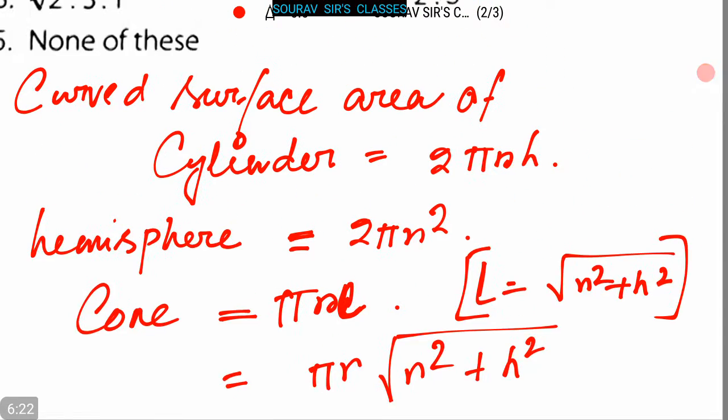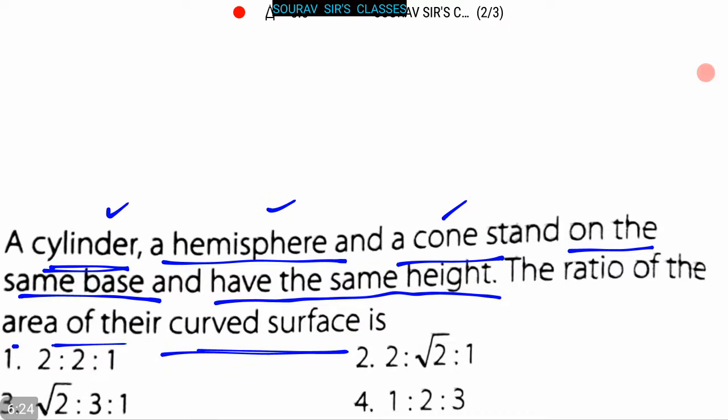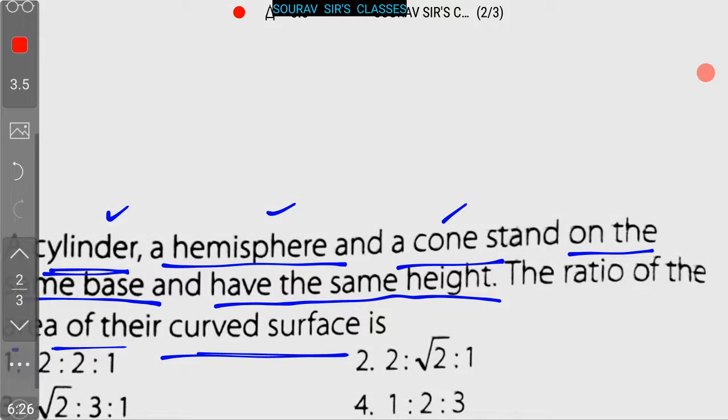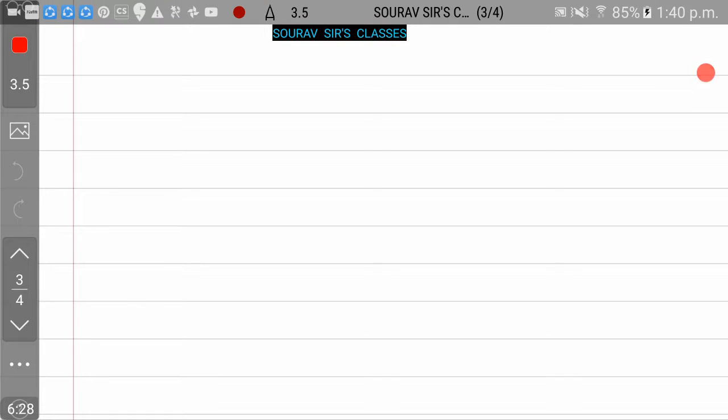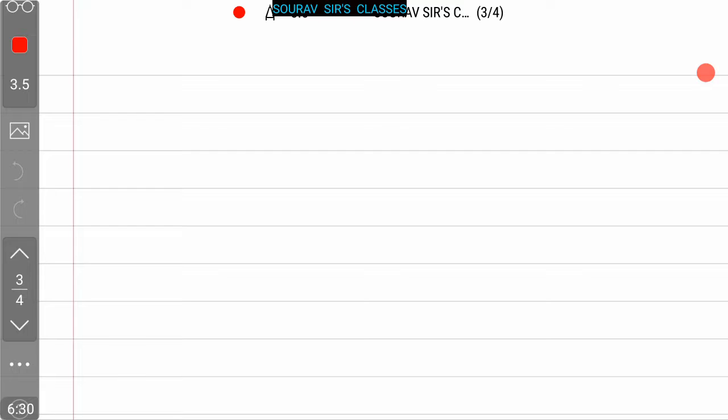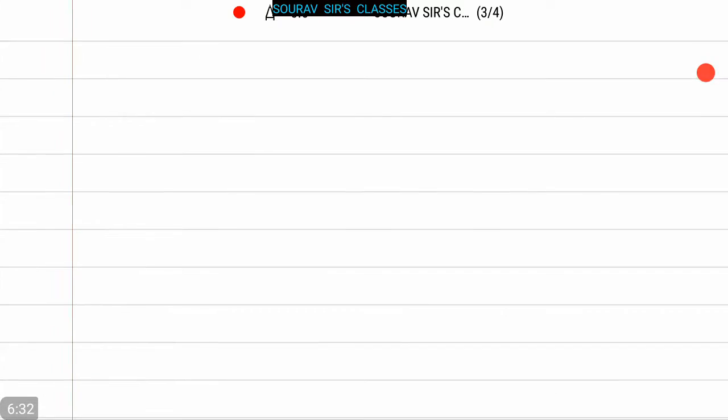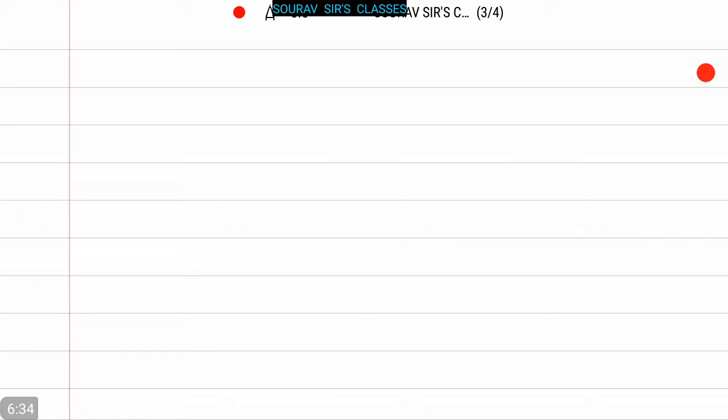Now okay, I'll do the rest of the part here. So now we have to find out the ratio of the curved surface area of the cylinder, hemisphere and cone.